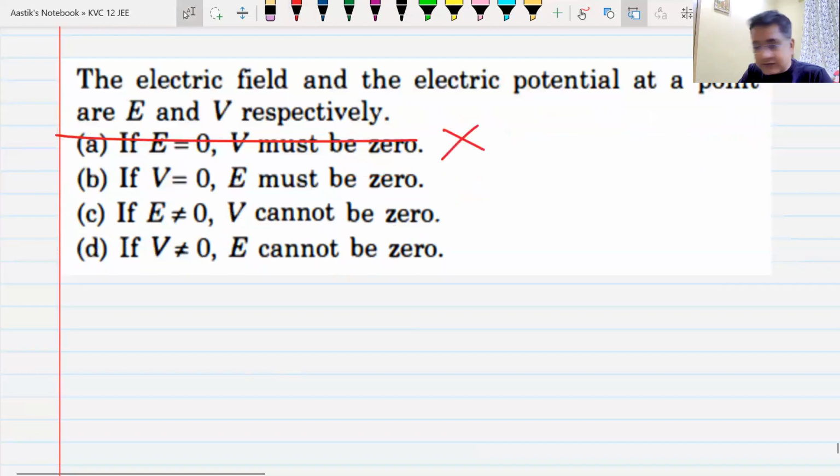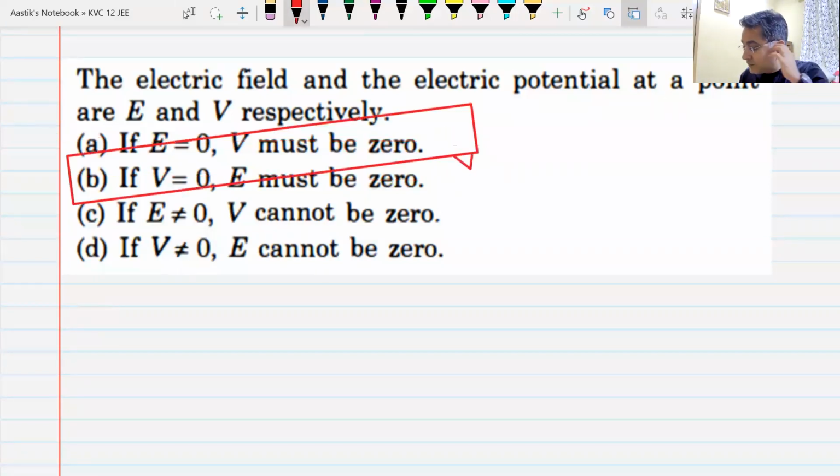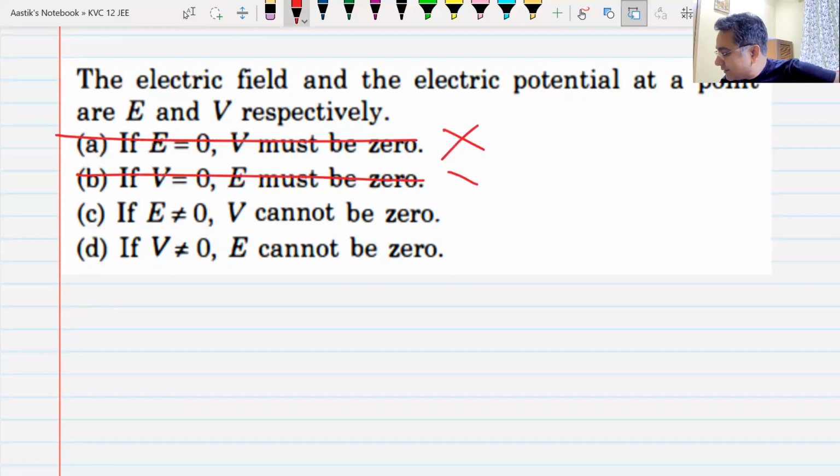Right or wrong? We have just seen this is wrong. Yes or no? Yes, sir. Done. Wrong. So this is also wrong.